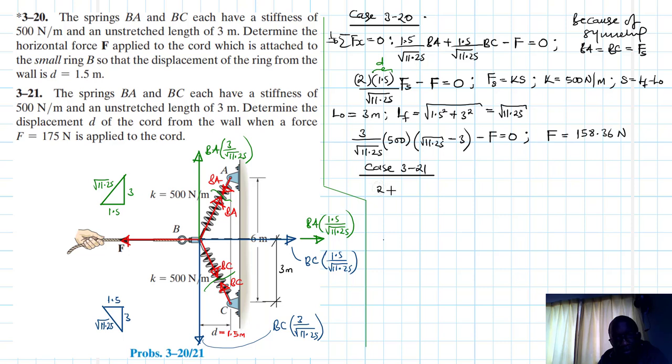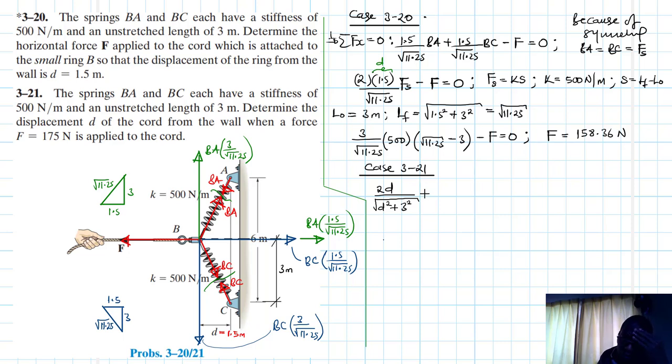So we'll have 2d divided by root of, this is the hypotenuse, this is again the length. This root of 11.25, we don't know it, so we just write it here as d squared plus 3 squared, where we have 1.5, just d.